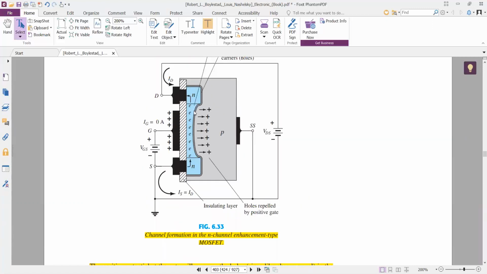Hence, there will be a time when a channel will be induced between these two n-type regions due to the increased positive potential between gate and source terminals.